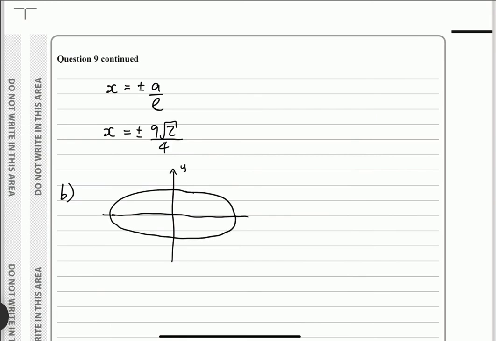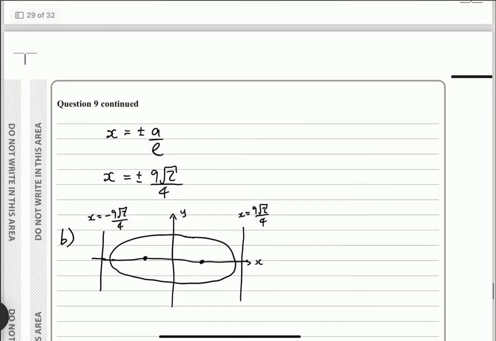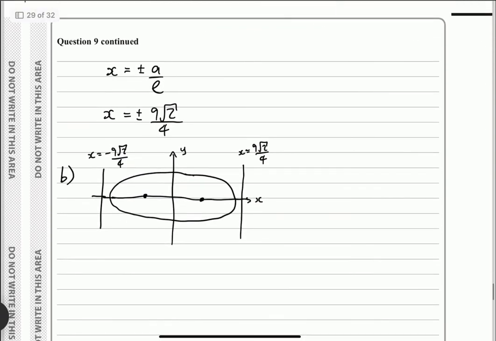So what we've got is a focus point here, a focus point here, but we've also got the directrices. Here, this is x is equal to 9 root 2 over 4, and over here, x is equal to minus 9 root 2 over 4. We know the focus is 2 root 2 and minus 2 root 2.